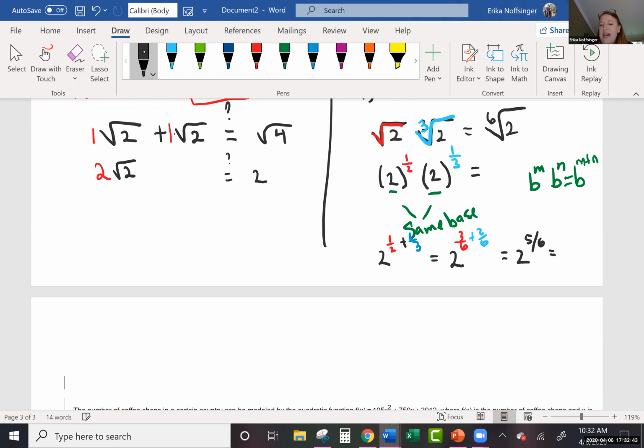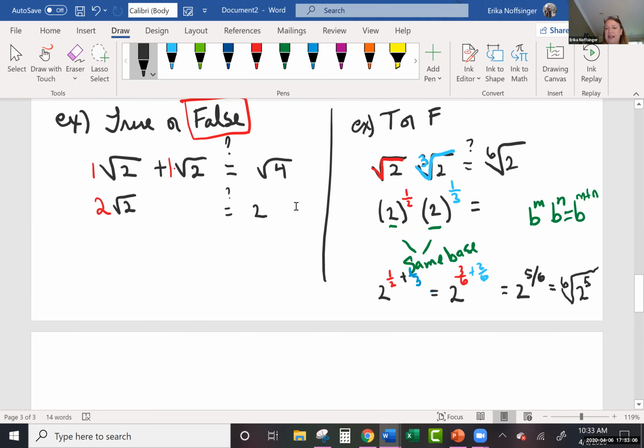If I rewrote that as a radical, my index is 6. So it's the 6th root of 2 raised to the 5th power. So was that the same thing that I got above, or it was asking true or false? Is that the same thing as the 6th root of 2?